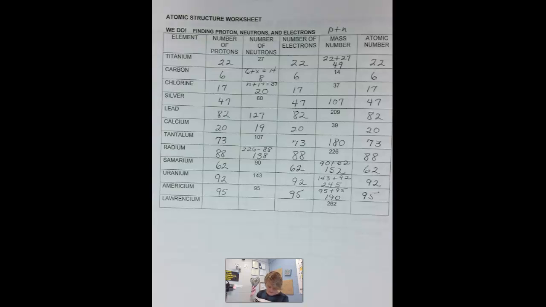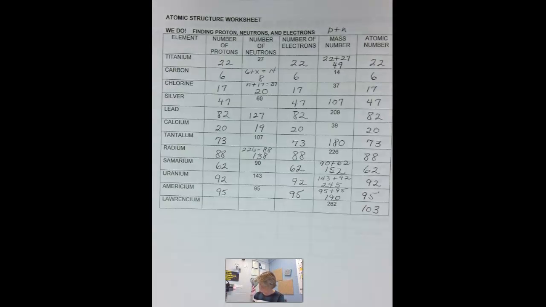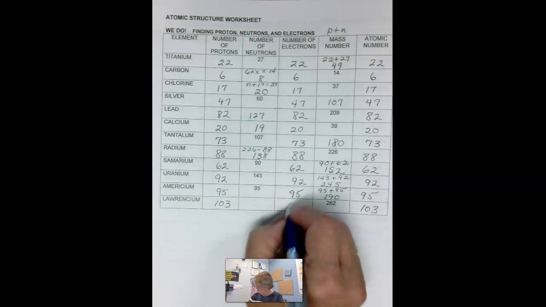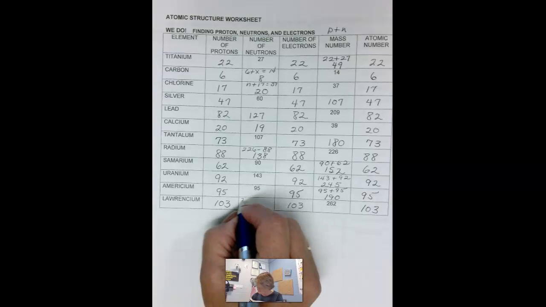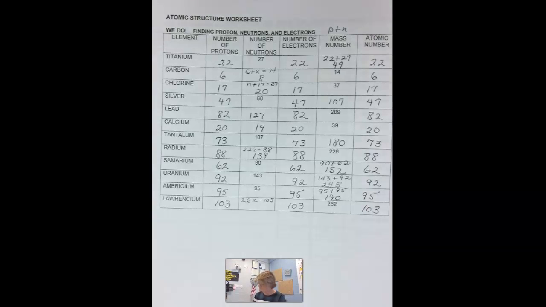And the last one is lawrencium, which is, let's see, 103. Again, pause as needed. So protons 103, electrons 103, and neutrons would be 262 minus 103.